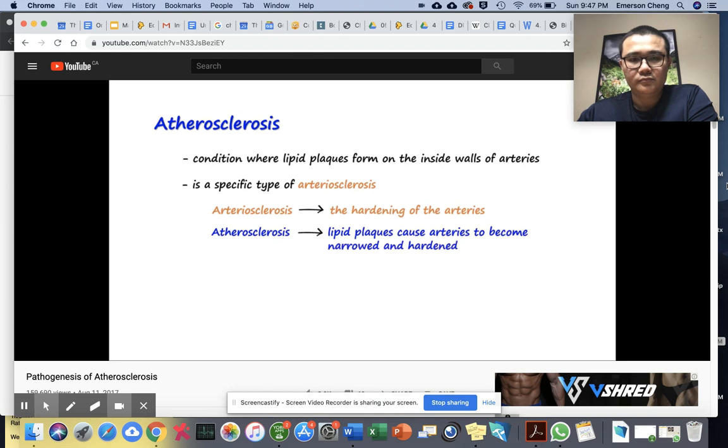Atherosclerosis can be especially dangerous for the heart, since it often affects coronary arteries, which supply oxygen and nutrients to the heart. In severe cases, when blood flow through the coronary arteries is cut off, a heart attack, also known as a myocardial infarction, can occur, where heart cells or cardiac myocytes are deprived of oxygen and may die.